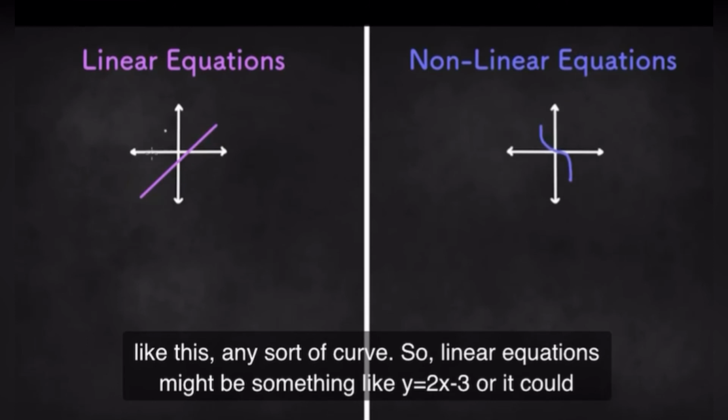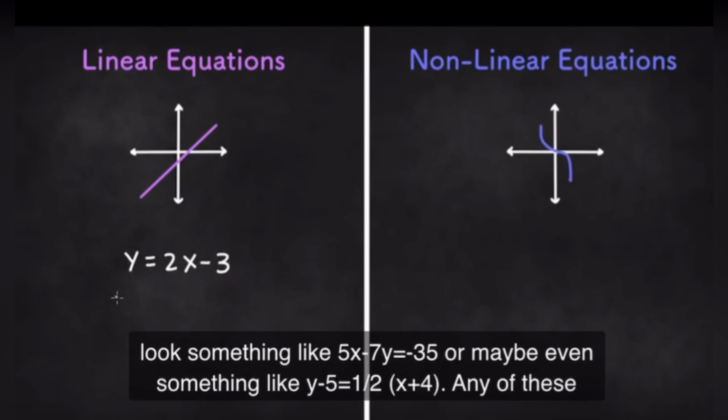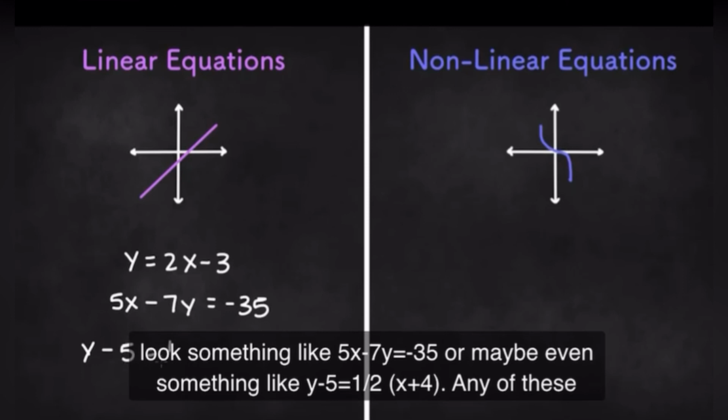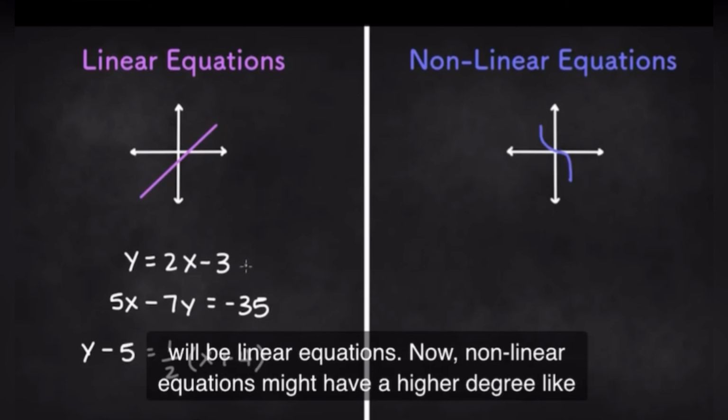Linear equations might be y equals 2x minus 3, or 5x minus 7y equals negative 35, or maybe even y minus 5 equals 1/2 x plus 4. Any of these will be linear equations.